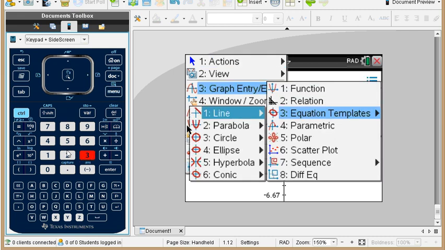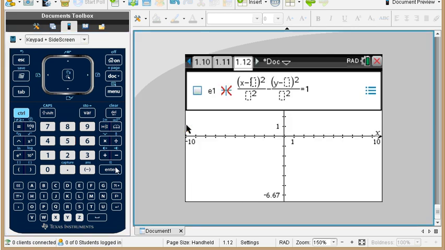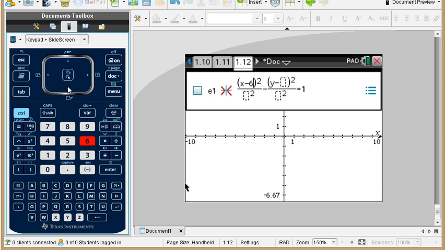We have x minus 6, and we are going to be over 36, which is 6 squared, and then we're going to have y plus 2, so we're going to say y minus -2, and we're going to put that over 13.